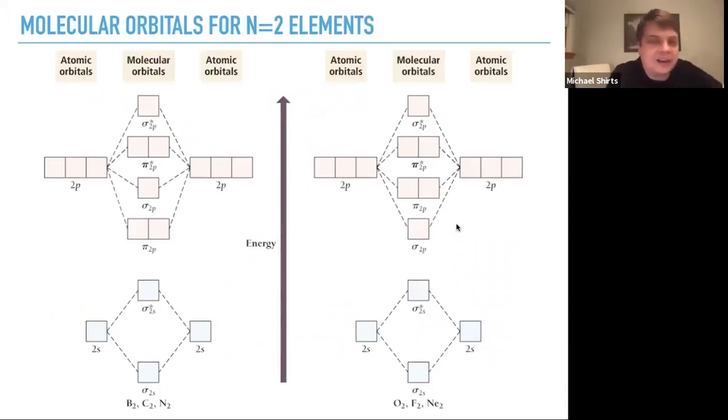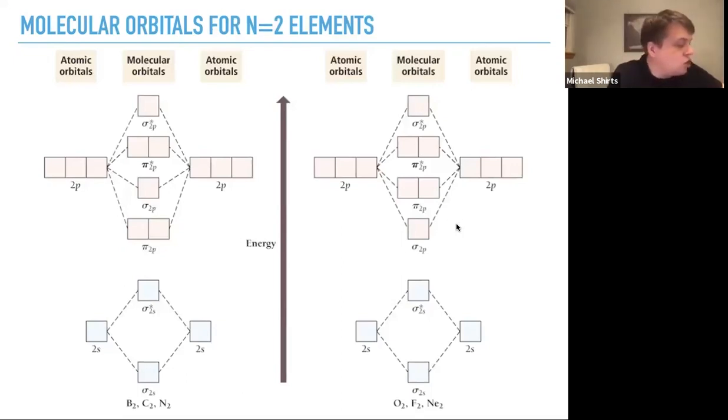We're looking at the n equals 2 main group elements combined into diatomic molecules: B2, C2, N2, O2, F2, Ne2. You could say, I've never seen C2. You can get C2, it's just not particularly stable compared to other compounds that carbon can make. It's a perfectly reasonable molecule, just not incredibly stable compared to the other compounds it can make.